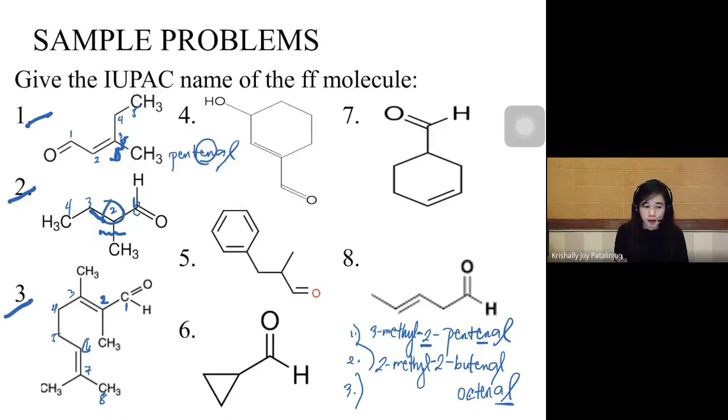Remember, with double bonds, we use the suffix -ene, but we have to use multiple prefixes when there are two. So from octenal, you have to write it as oct-di-ene. Di-enal. Meaning to say, two double bonds, di-en.